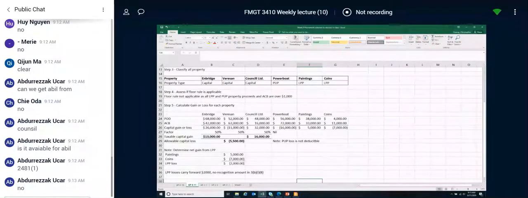So the answer is no. To be an SBC, you have to be a CCPC, but there are additional requirements for an SBC. So right now, based on the question, you don't know if Council would meet those additional criteria.